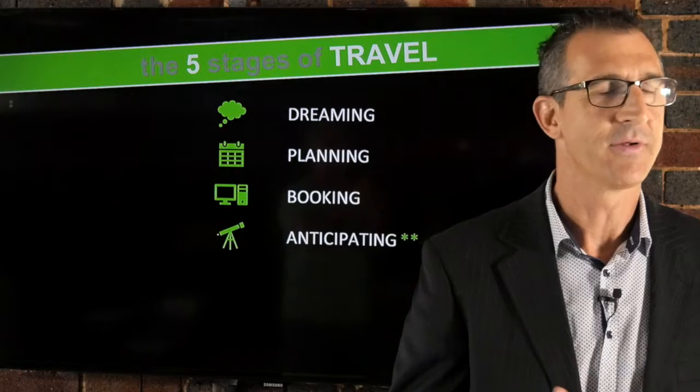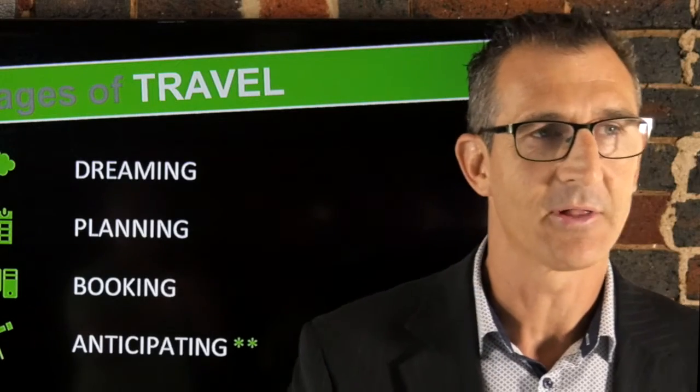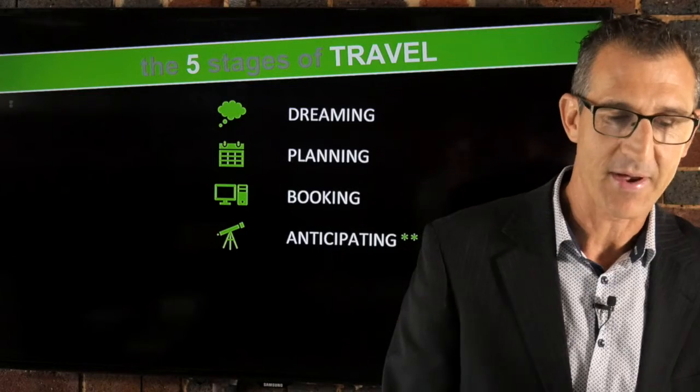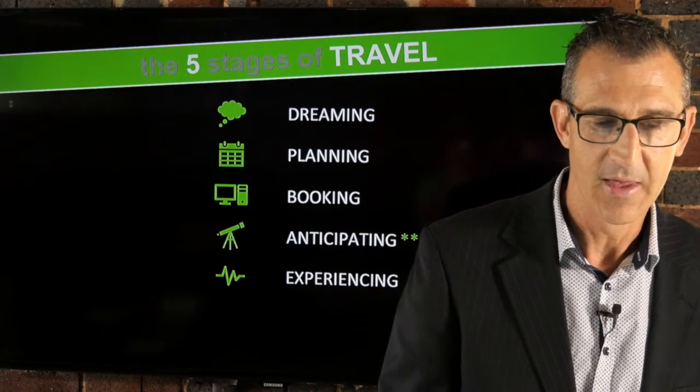In fact, it's been proven, I can't remember the exact percentage, but I think it's 40 odd or 45% of the joy that comes from an experience, this could be any experience, comes from the anticipation. And so I feel it's important that we put that in there as a stage of the travel, and how do we interact with the guests at the anticipating stage of the trip.